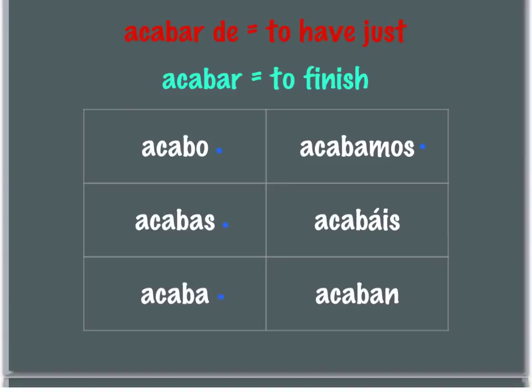Acabamos, acabáis, acaban. The tricky part here is that when we add the word de, acabar de means to have just. So in a sense, you could think to have just finished something, right? Acabar de, to have just.